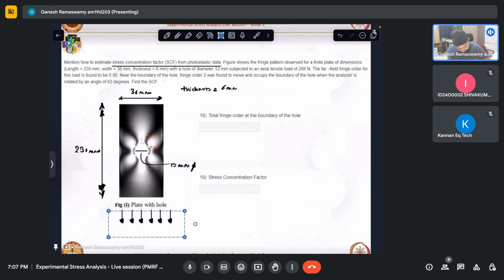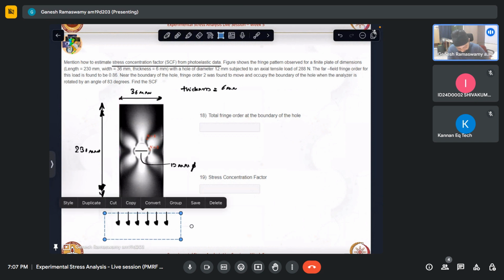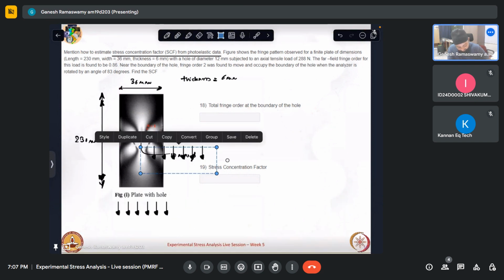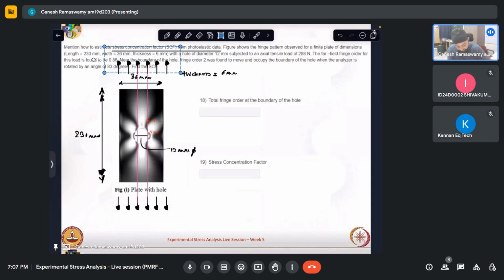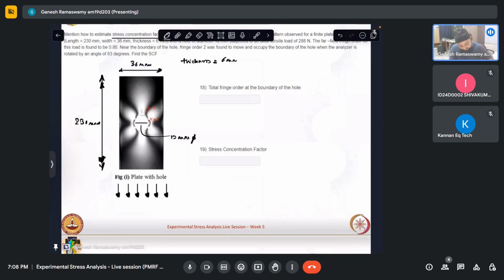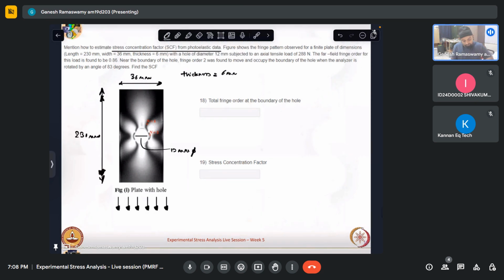So this axial pull is applied at both ends naturally. Okay, it is applied like that. But let me not show it here because it is blocking my text. So it is applied with an axial load of 288 Newton.